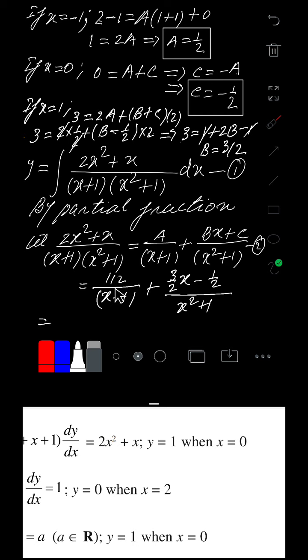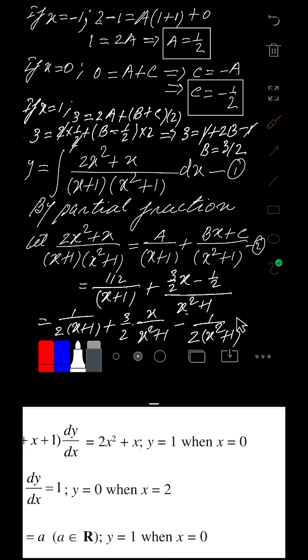Now splitting it up, we may write it as 1 upon 2 into 1 upon x plus 1. And because this is a common denominator, x square plus 1, it will divide both the terms separately. So we may write it as 3 upon 2 into x upon x square plus 1 minus 1 upon 2 into 1 upon x square plus 1, and let it be equation number 3.